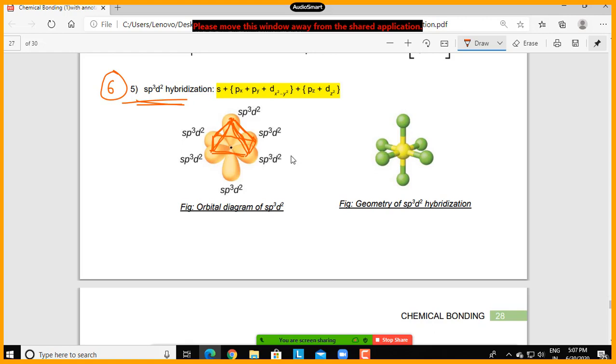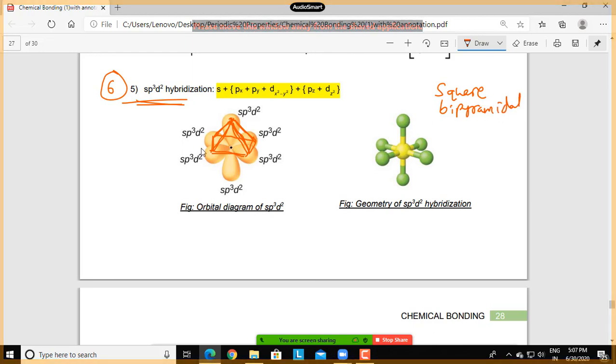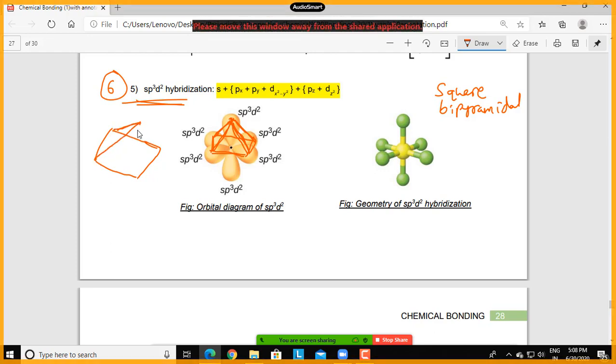This geometry is called square bipyramidal. Means a pyramid is there from a square base. Can you have a pyramid from a square base? So this is a pyramid whose base is a square.